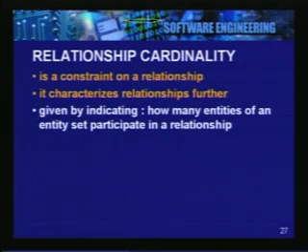It characterizes the relationship further, and it is given by indicating how many entities of one entity set participate in a relationship. We will take many examples of this. It is a very important concept. Cardinality is a way of characterizing the relationship further, and it is indicated in terms of the number of entities which participate in a given relationship.